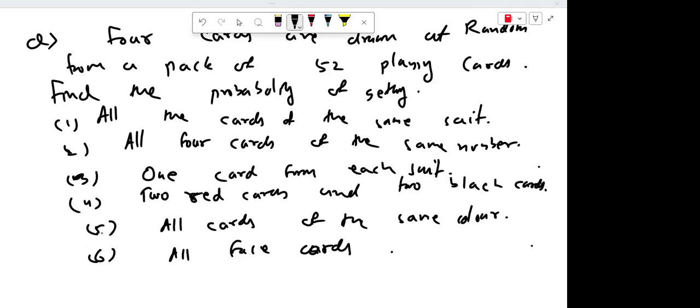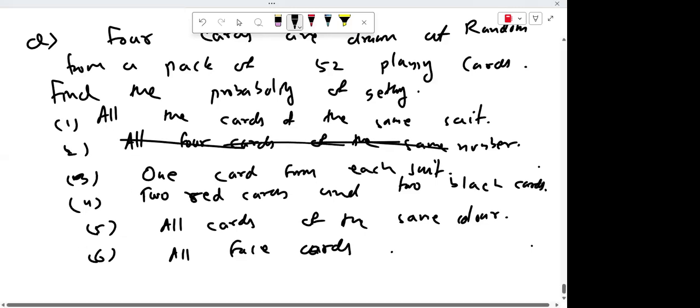So same suit as in diamonds and hearts, like that, right? Yes. Delete the second one. This is a bit difficult one. Okay.